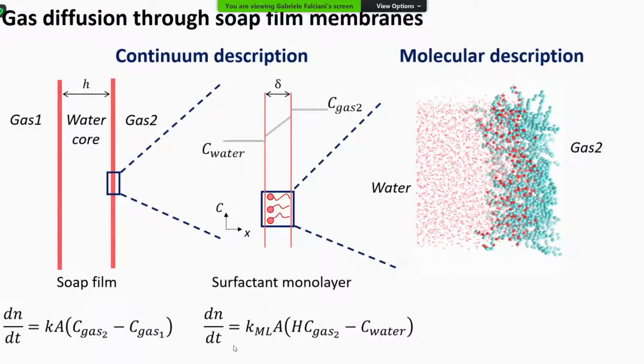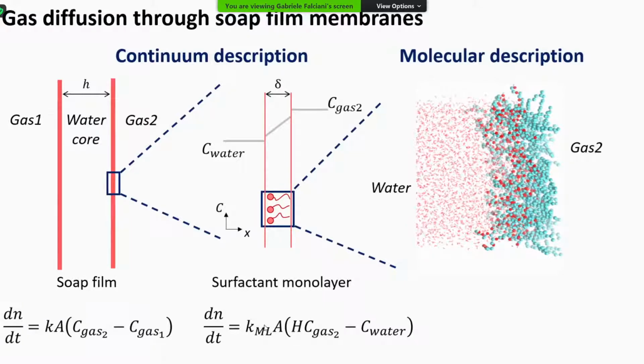The second formula, here in the center of the slide, tells you that the same molar rate is also proportional to K_ML, which is called the monolayer permeability, to the same A, the area of the soap film, and to the difference between the equilibrium concentration of the permeating gas in the liquid and the actual concentration of the gas in the film.